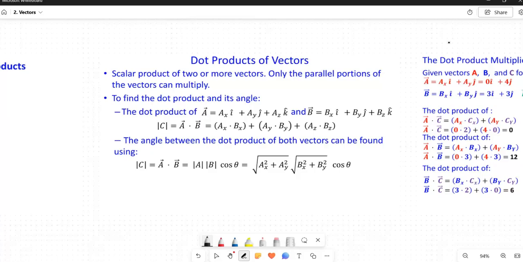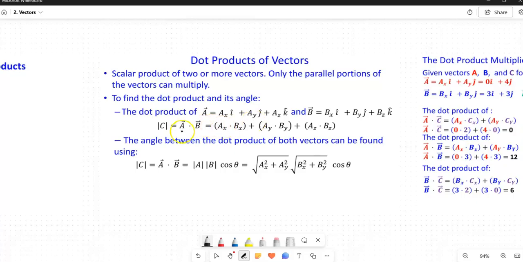vectors. Okay, so suppose you had a vector A which had x, y, and z components, and so three-dimensional components, and we had another vector B which had x, y, and z components of B. Now, if you try to multiply these two vectors together using a dot product, see the little dot right there, then what you have to do is take the parallel components of those vectors and multiply them together and then add them to the other components.